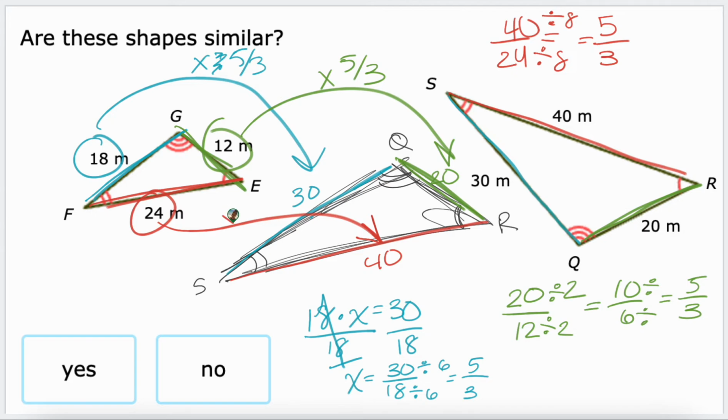So again, we multiply by 5 over 3. So we have established that our angles are congruent and our corresponding sides are proportional, because we multiplied them all by the same number to get our image, a dilated triangle. So the answer for this, are these similar? Yes, they are, by the definition of similar figures.